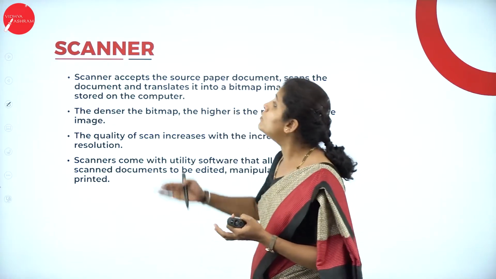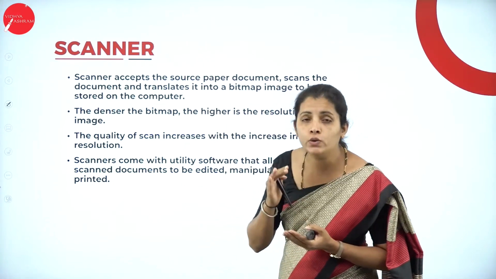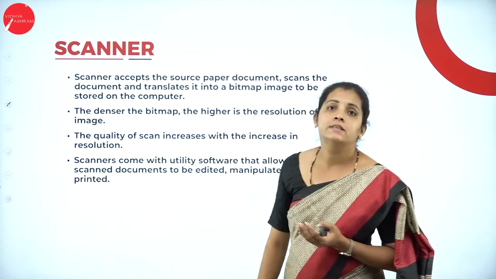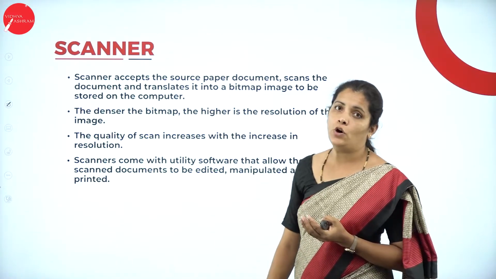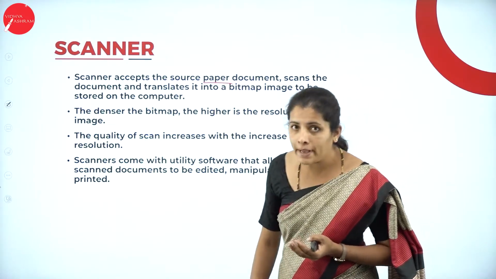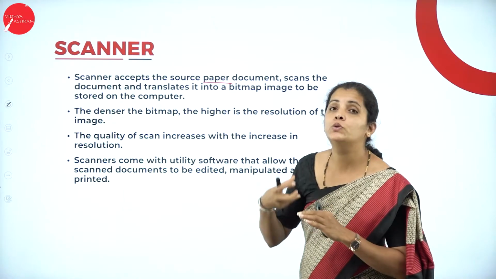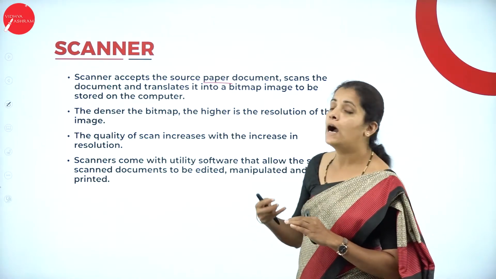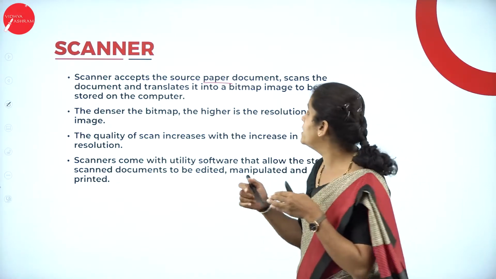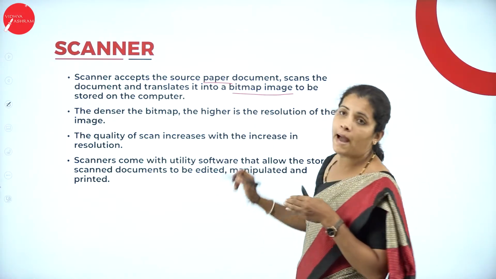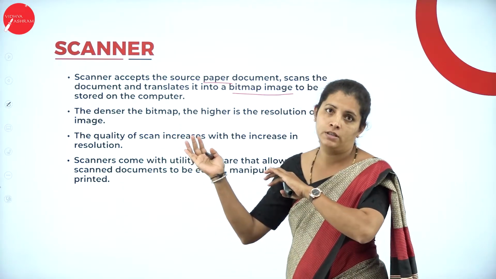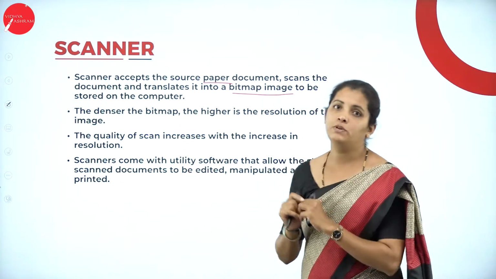Let's see how the scanner works. The scanner accepts the source document, which may be paper, scans it, and translates the scanned document into a bitmap image that is given to your computer system.